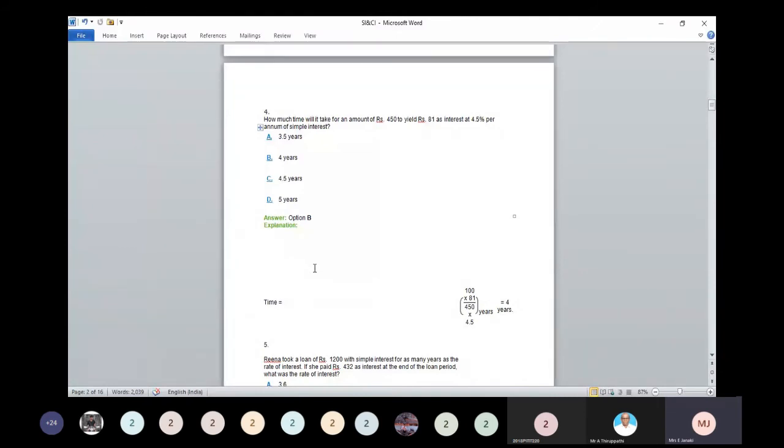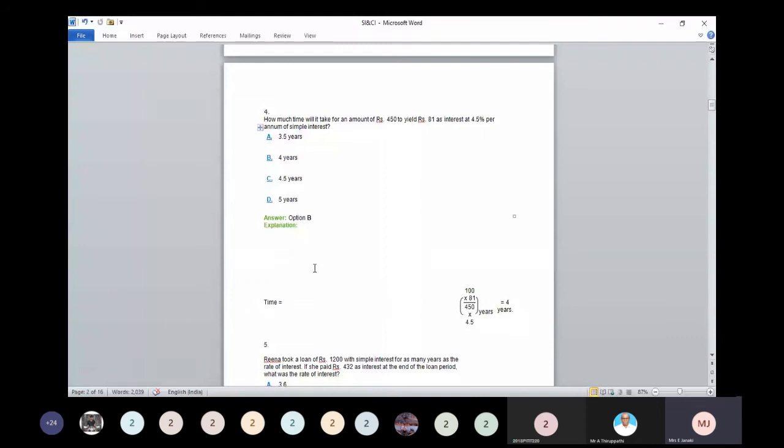So again write the same formula. Simple interest is equal to PRT divided by 100. From this result, write down the T value. Keep T only on the left side. So time T is equal to simple interest into 100 divided by principal into the rate of interest.